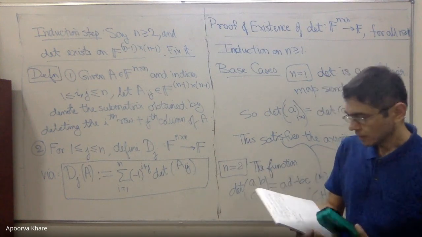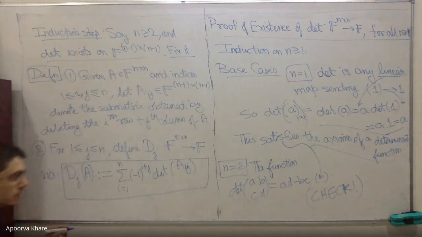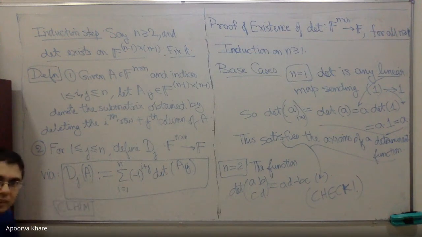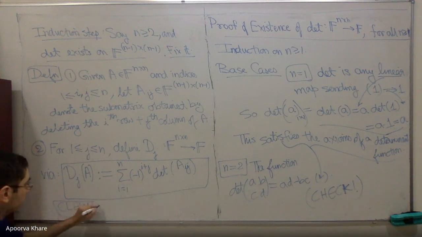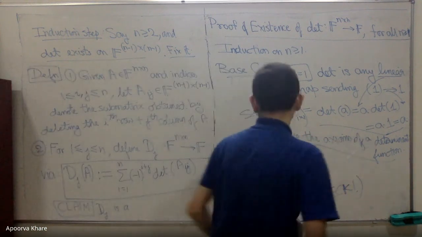Right? The claim, and this is where we stop: D_j is a determinant function. So it is multilinear, it is alternating, and it takes the identity to 1. It is a valid determinant function, meaning it satisfies the axioms of 1.